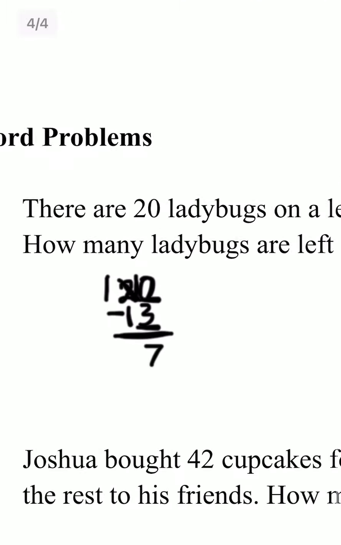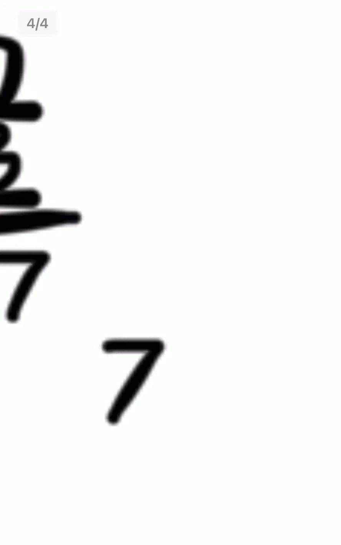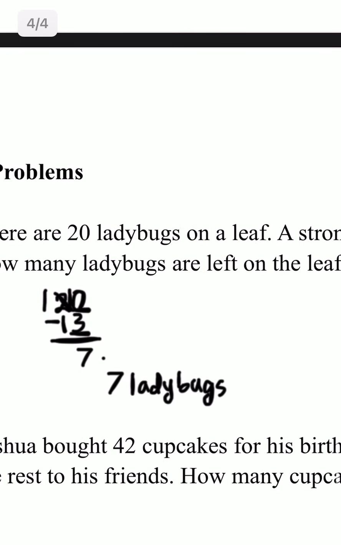So now 0 becomes 10, and then 10 minus 3 is 7, and 1 minus 1 is 0. So 7 ladybugs are left.